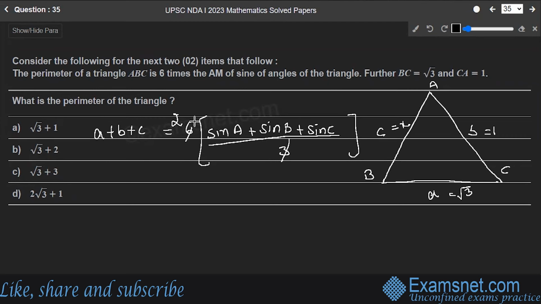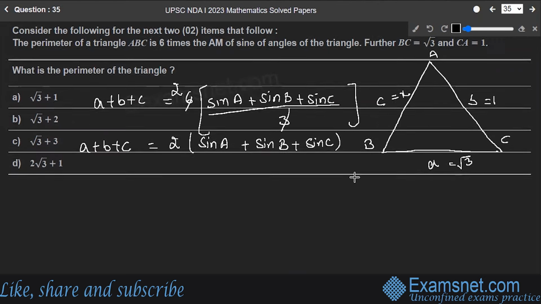So a + b + c is equal to 2(sin A + sin B + sin C).